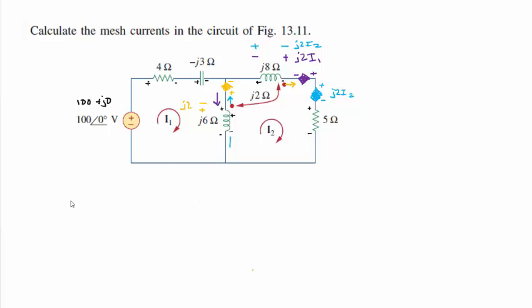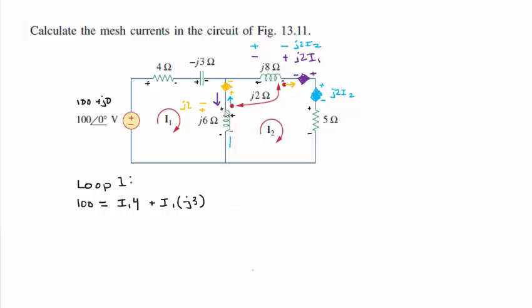So let's do Kirchhoff's voltage law around loop 1. So I have 100 equals I1, and we'll do it very explicitly just to make sure it's clear. I1 times the resistor, so it's I1 times 4 ohms, and then it's plus I1 times minus J3, right?